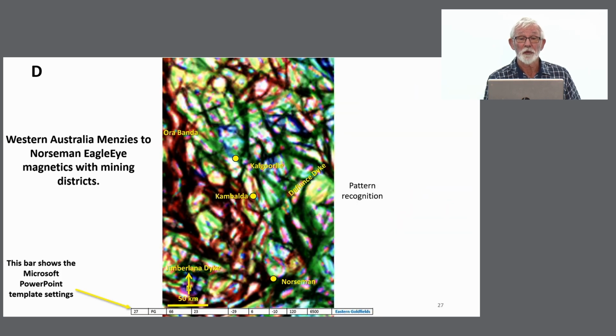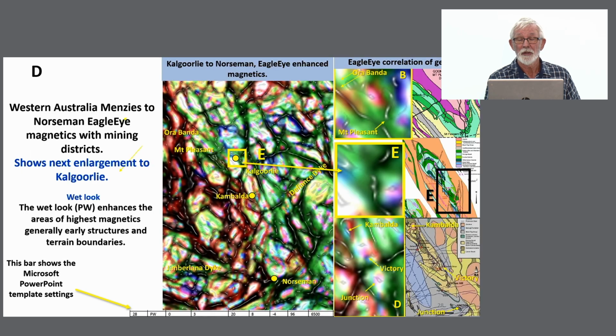So using pattern recognition on that again to bring out the structures. Then I use the wet look again, and this brings out different structures. It actually obscures what would be the very late structures, and brings out the earlier, more magnetic minerals.